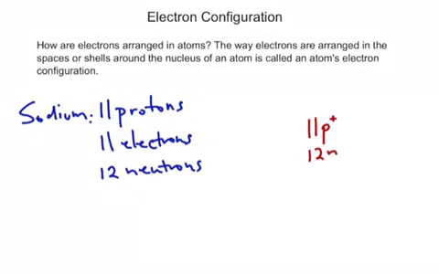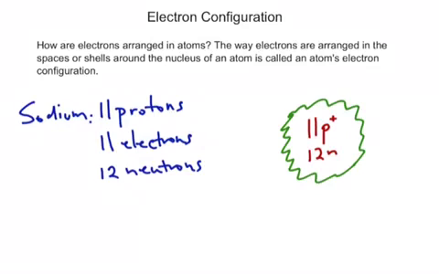The rule says that in the first shell or space around the nucleus of an atom, a maximum of 2 electrons can be held. So the first shell, we'll call it this space here, the first shell around the nucleus of any atom can hold up to 2 electrons.